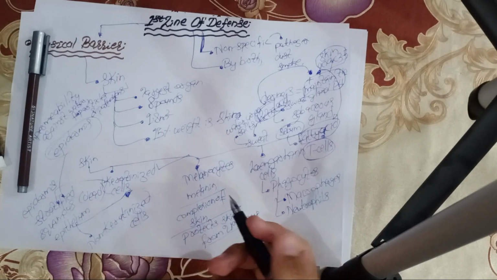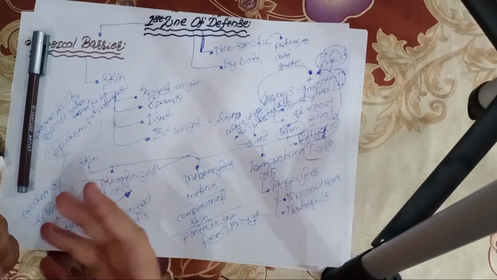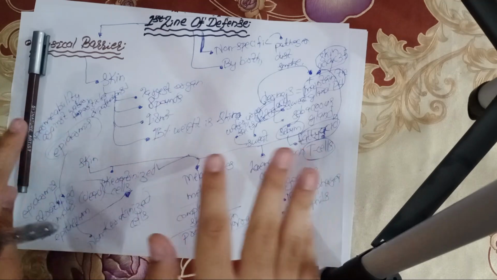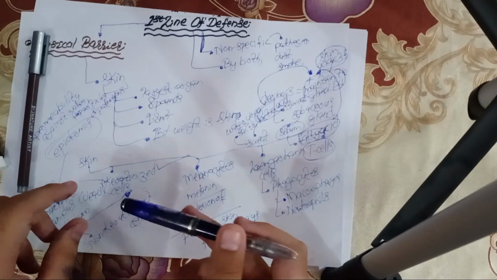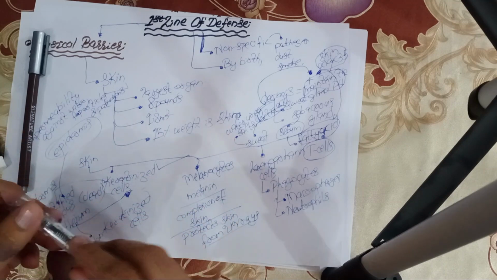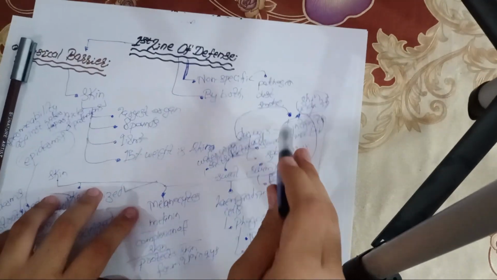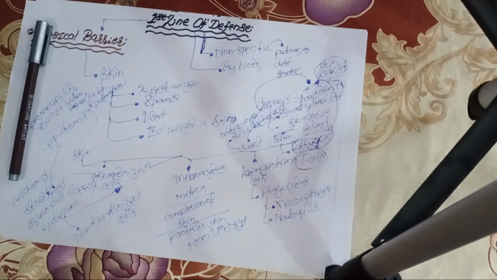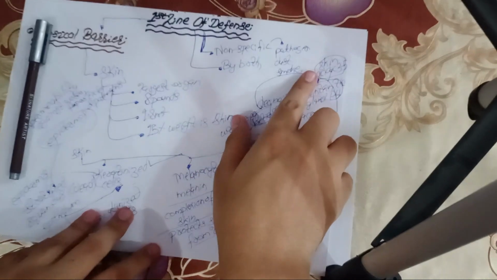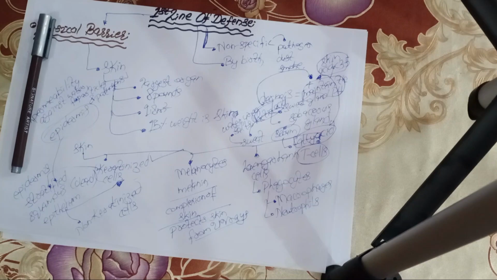So what will happen? The enzymes of any bacteria or pathogen attacking the skin would be denatured, as enzymes need optimum temperature and optimum pH in order to stabilize themselves and work. Here the pH would decrease and become acidic, the enzymes of bacteria won't be able to work, and the body protects itself from the pathogens.